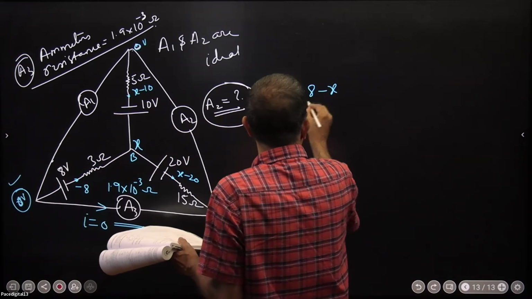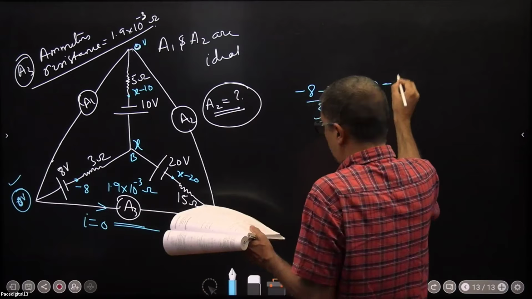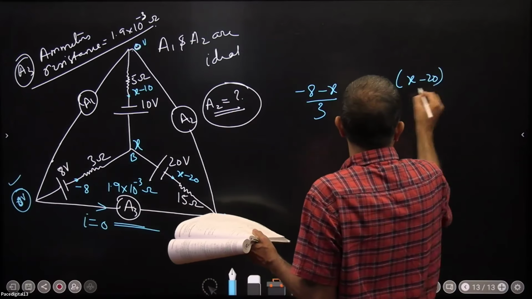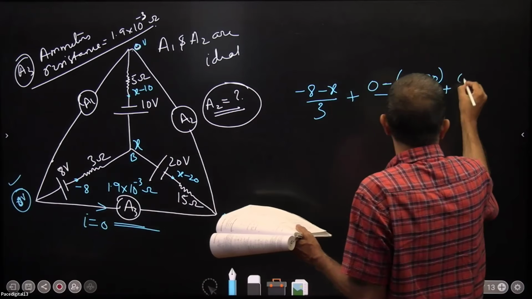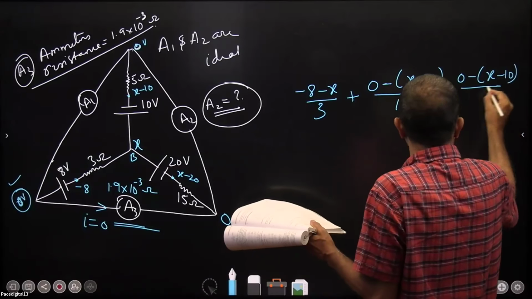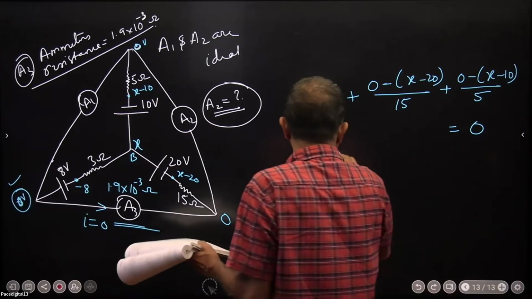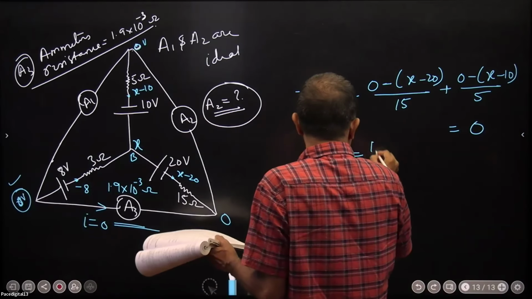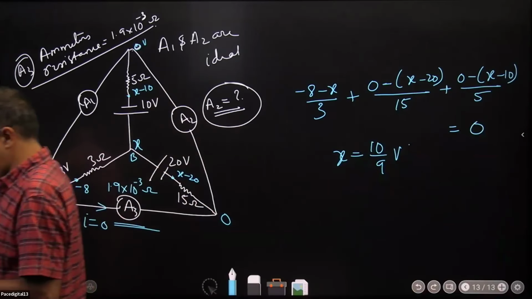Minus 8 minus X by 3 plus 0 minus X minus 20 by 15 plus 0 minus of X minus 10 by 5 should be equal to 0. Simplify that. I am not doing the simplification, I just copied the answer.